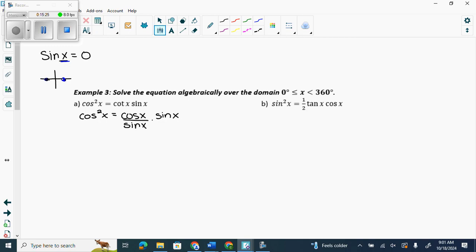So how I could represent that as a general solution is I start with my very first one. What is my very first one? X can't equal 0 degrees. Right? Now how long does this take to get there? 180. How about here? 180.